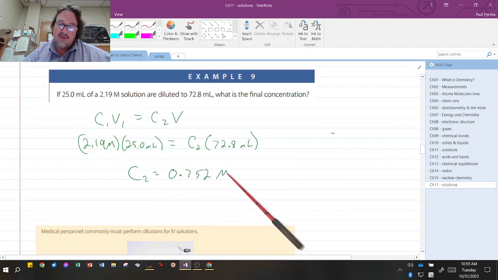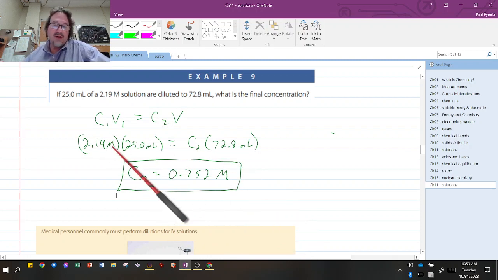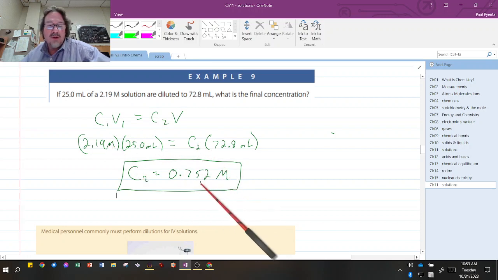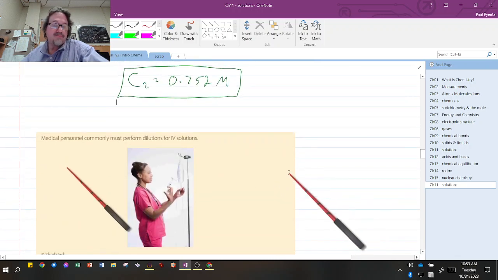And again, units of molarity, because that's what we put in over here on the left side. Notice the concentration did go down as we predicted. The volume goes up, concentration goes down because we're diluting it, and so it seems like a reasonable answer. And it went down not greatly because we didn't increase the volume greatly, about a threefold, and so the concentration went down about threefold. I think that makes sense.